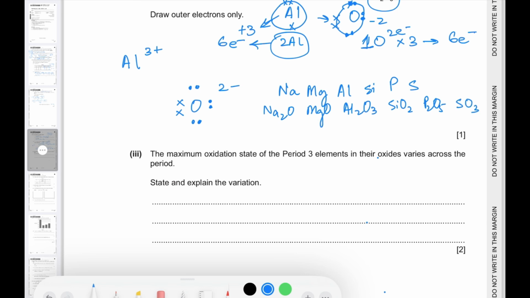The oxidation state of sodium is +1, and this increases across the period because it depends on the number of electrons in the outermost shell of the period 3 elements that they can donate or use for chemical bonding, for sharing, to form the oxide with the maximum oxidation state.